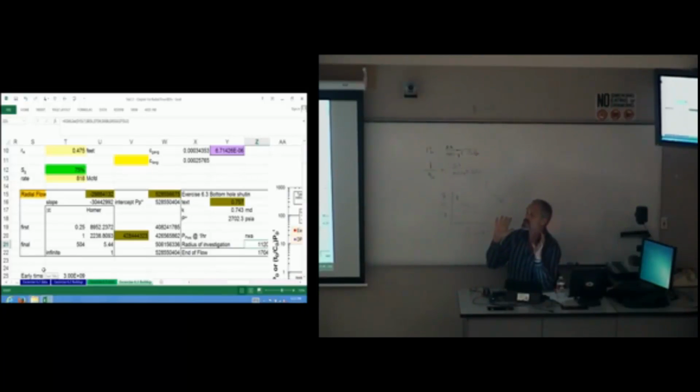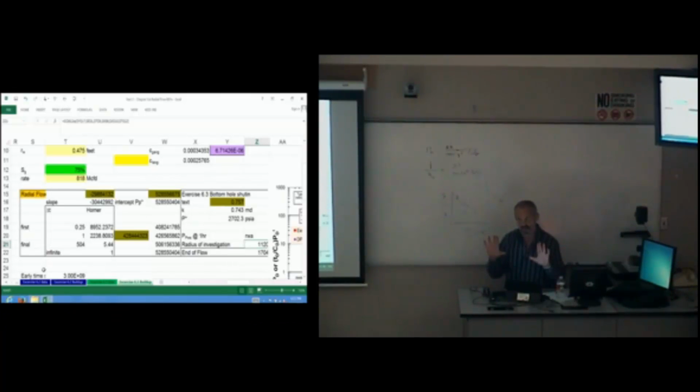Let's say we used not apparent pseudotime, but pseudotime. We did not multiply back in by compressibility and viscosity at initial pressure. Then we could actually take out compressibility and viscosity from the form of the equation in there. So it's really phi mu c sub t, and the mu c sub t has to be normalized.